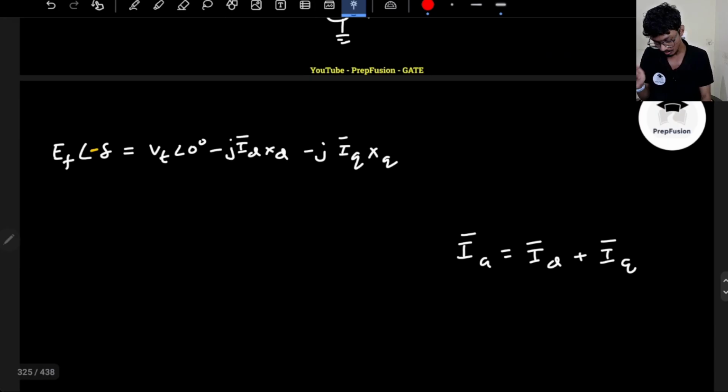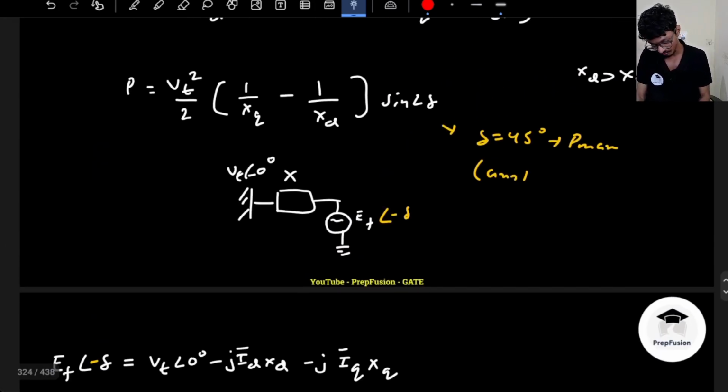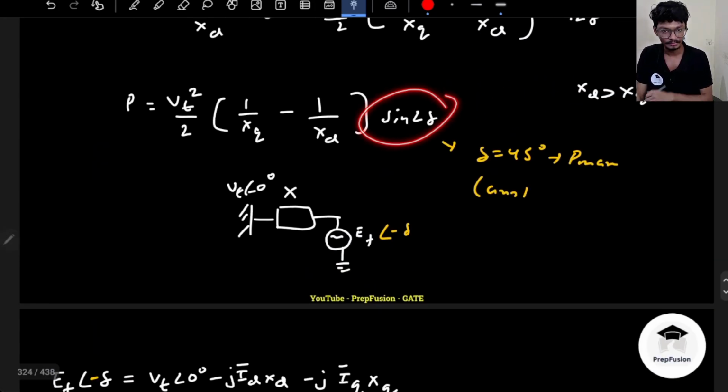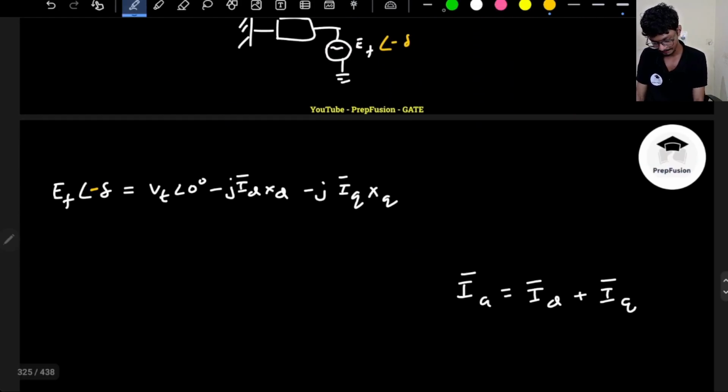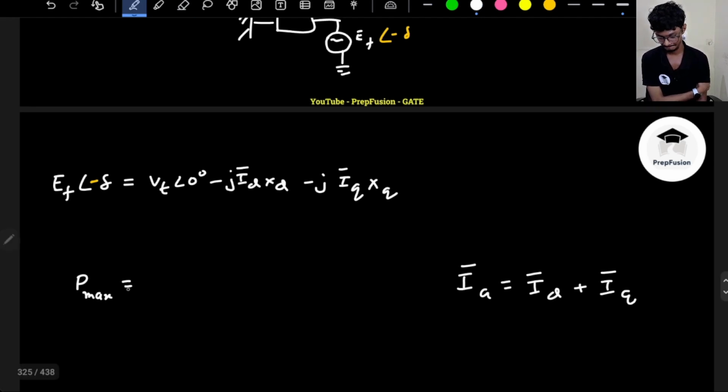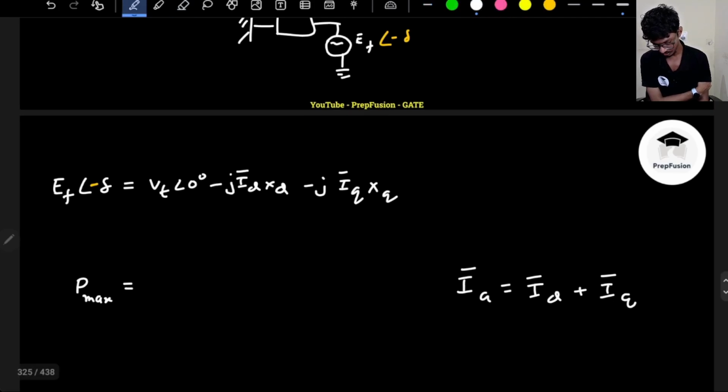Okay. So now what I know, this is the formula for power, right? And it is telling me it is supplying maximum power. So of course the maximum power value will be this. So P max value will be what? What will be the value of P max? So P max value will be equal to my Vt square.